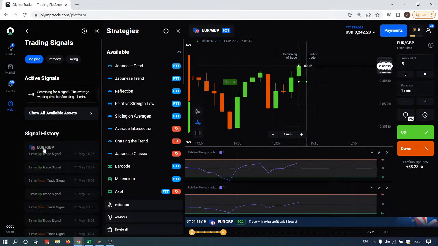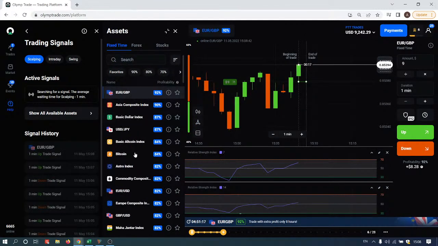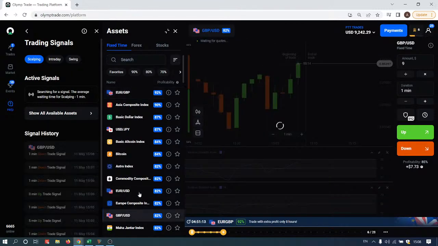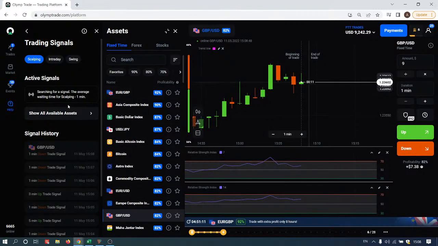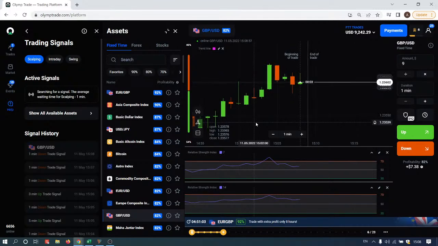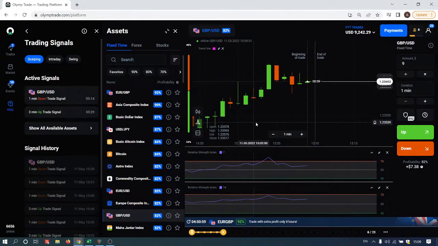Now, not for every, but for the majority of currency pairs, we have these signals available. And scalping signals, a little secret here, appear in the first seconds of the candlestick. They don't repaint, and they don't appear at random periods of time.